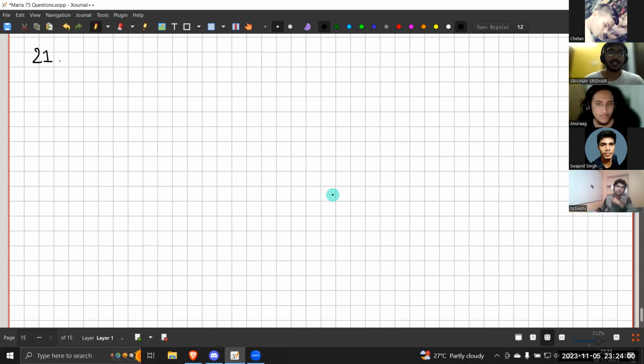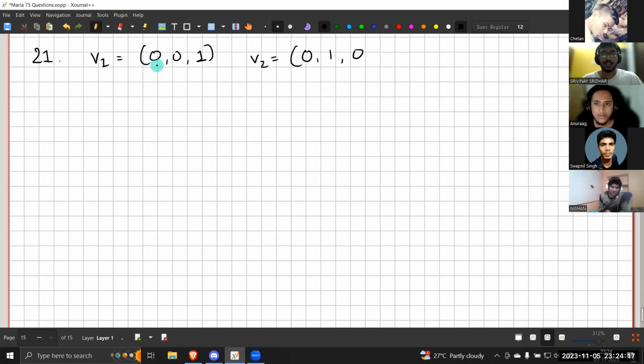What he's saying is just by looking at the vectors: vector v1 is equal to 0, 0, 1. v2 is equal to 0, 1, 0. And v3 is equal to 1, 0, 0.